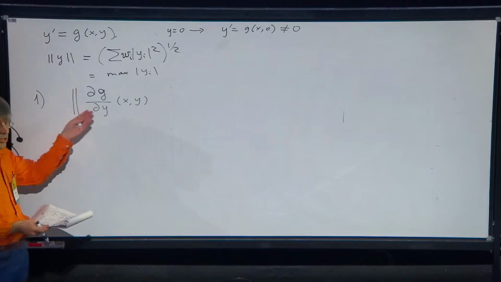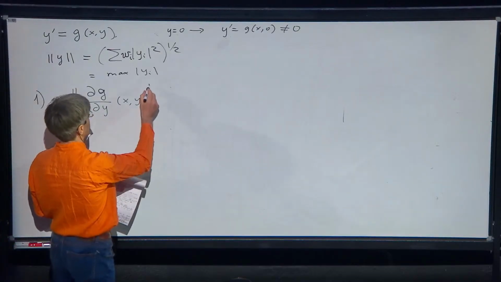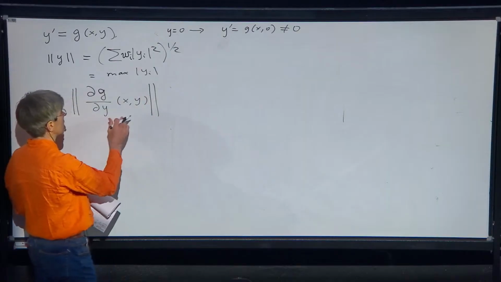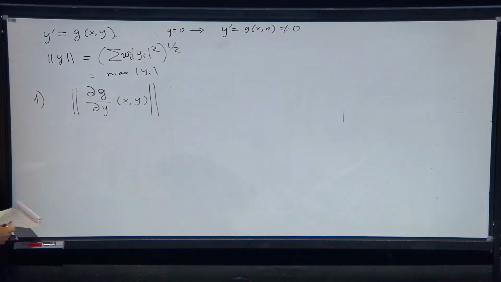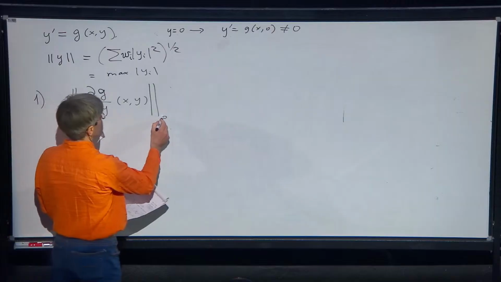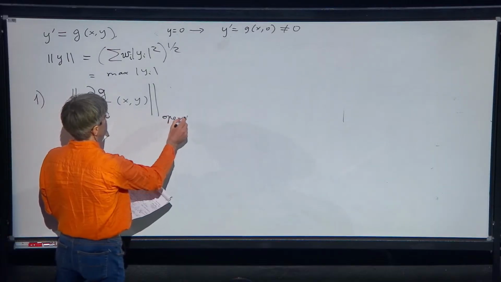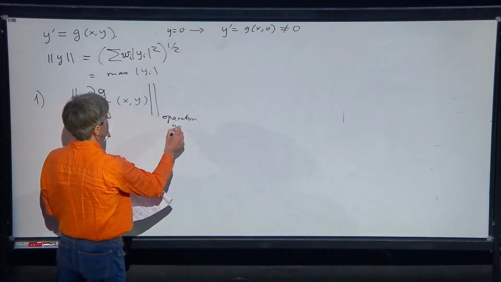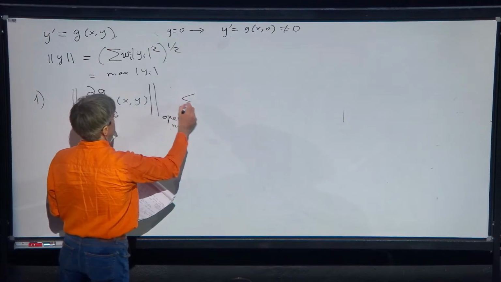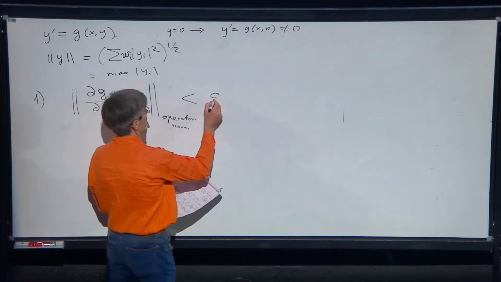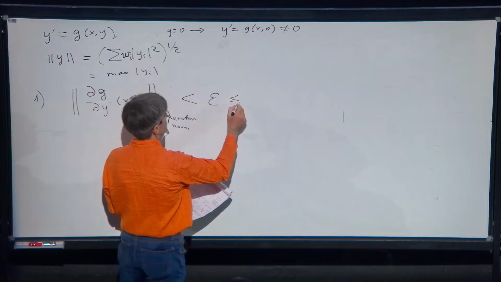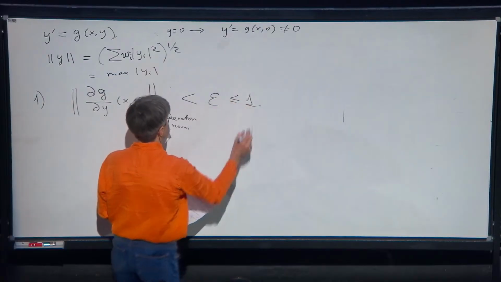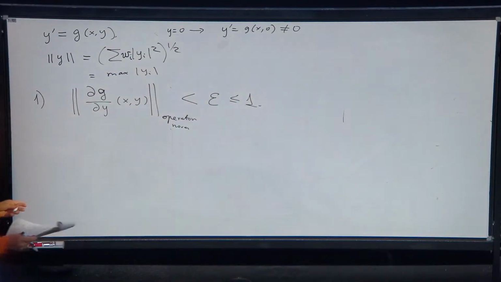So it has an operator norm, and this operator norm, I'm going to write it here, that it's a different norm, has to be smaller than epsilon, which is less than 1, where epsilon is some parameter.